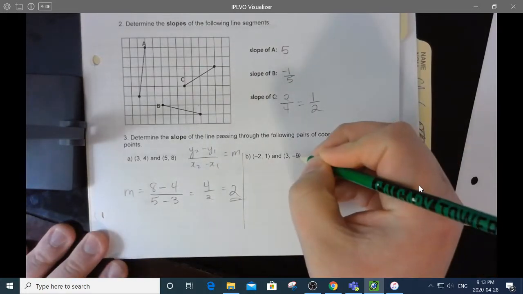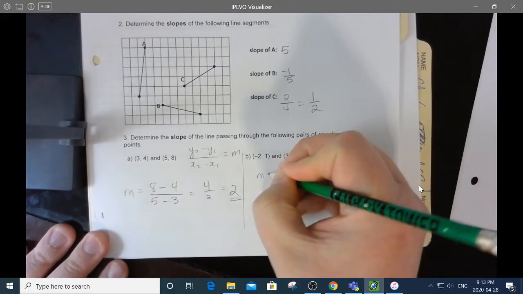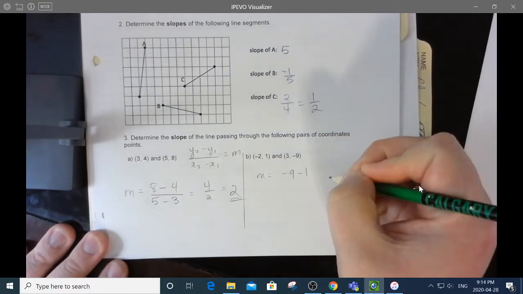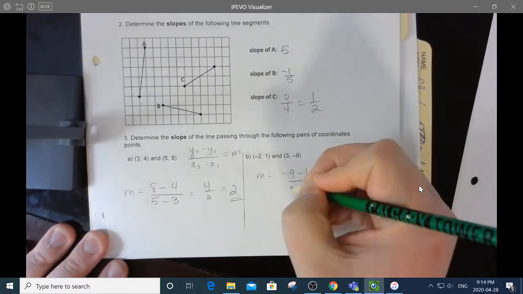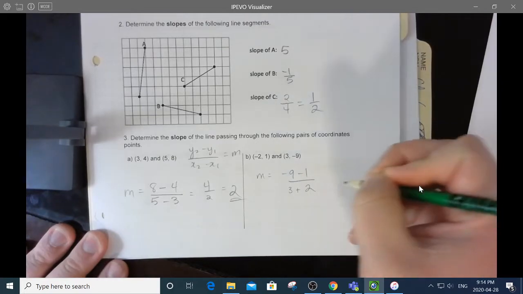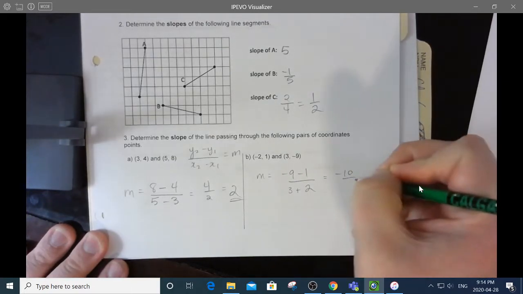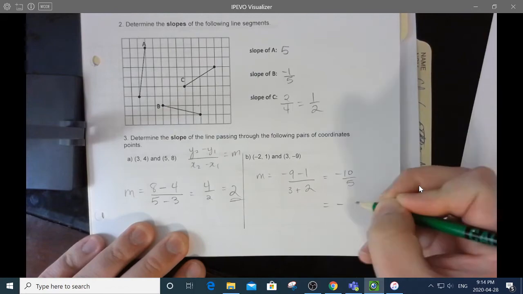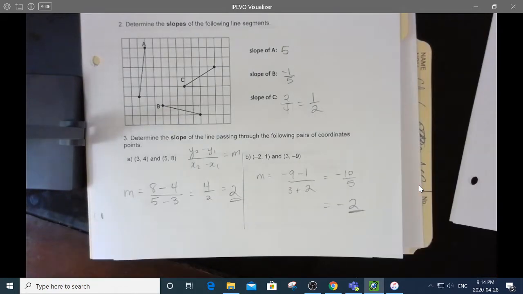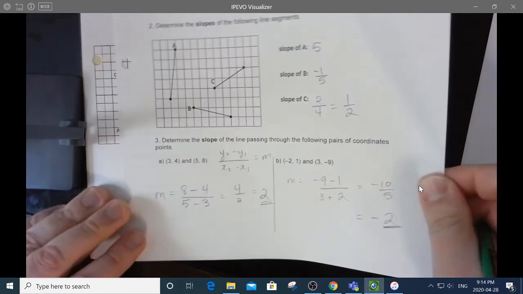And for this one, I'll call this the second coordinate. So that's negative 9 minus 1 over 3 minus negative 2, which is negative 10 over 5, which is negative 2. Okay, so that's the first page.